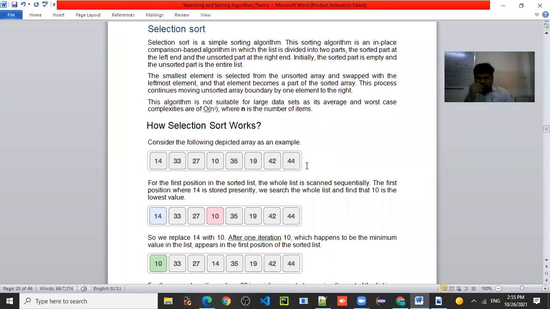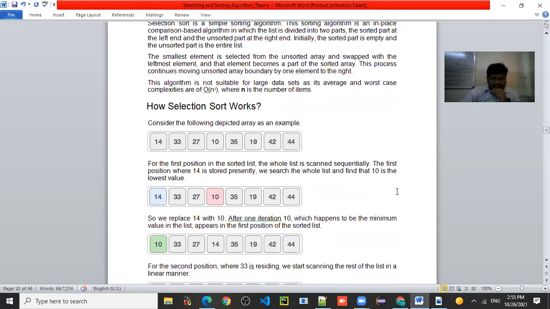So in selection sort, first we identify the smallest element. For the first position in the sorted list, the whole list is scanned sequentially. Currently, in the given list, 14 is stored at the first position, right?